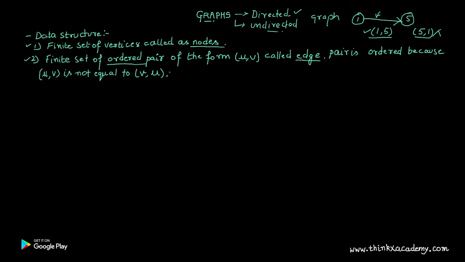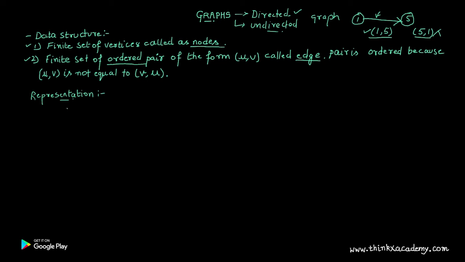The next thing that I want to discuss here is how we can represent graphs. So basically this is the next topic, representation of graphs. Now we have seen what exactly a graph is, but we want to know how we can represent this graph in our program so that we can actually use it.